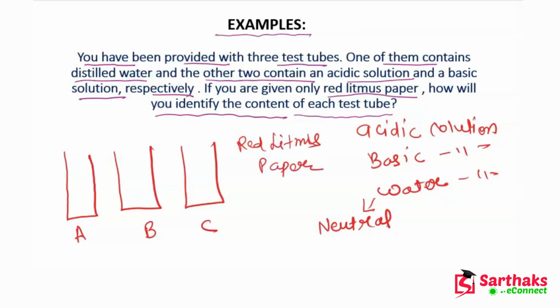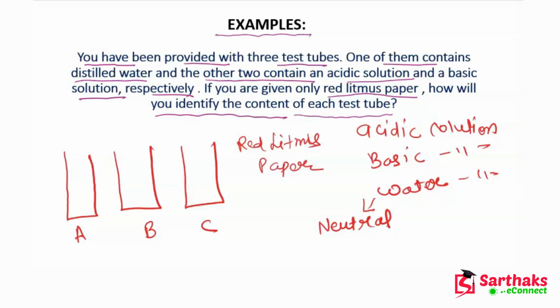So how can we do that? We will dip this red litmus paper one by one in each test tube. Let's start with A, and then we will dip it into B, and then into C. Now let's suppose I dip it into test tube B and the color of the red litmus paper turns blue.